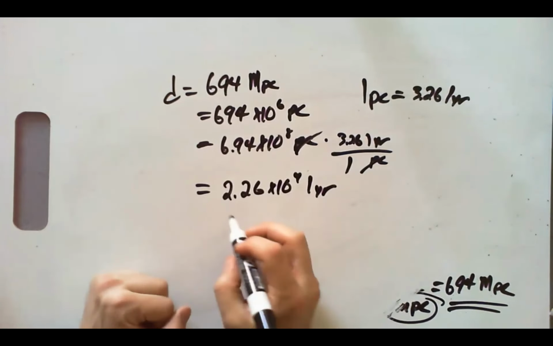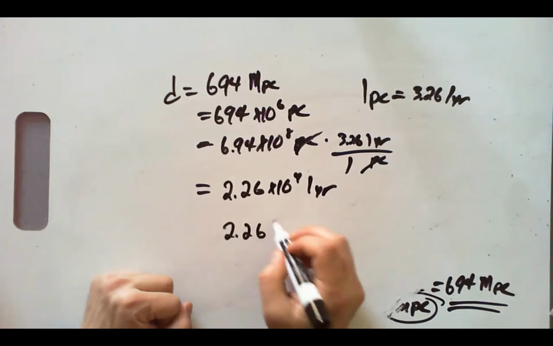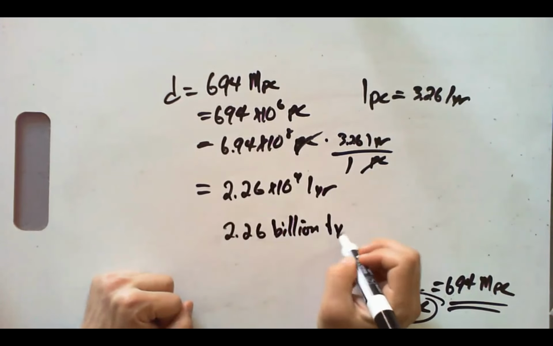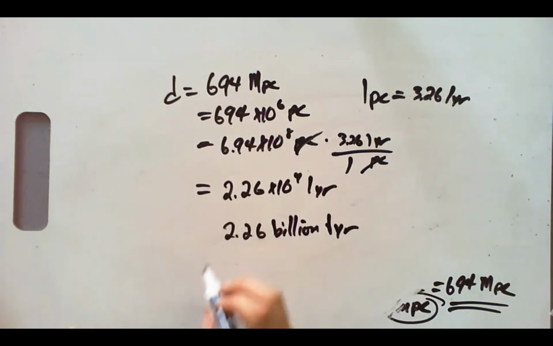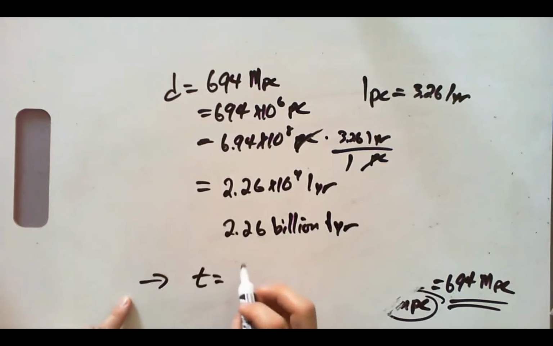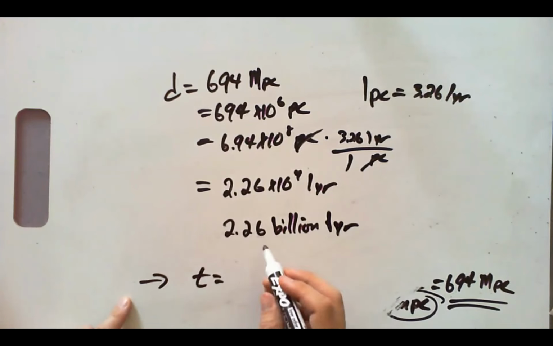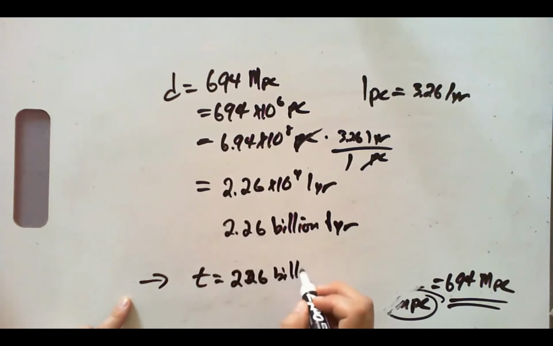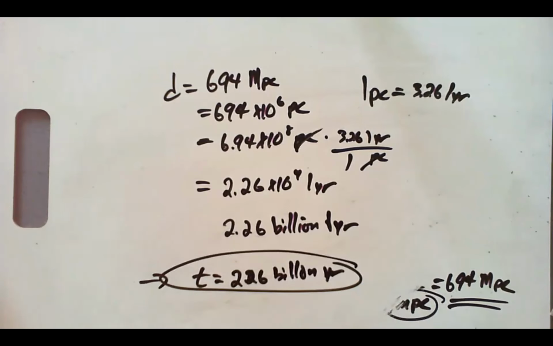2.26 billion, because 10 to the 9 is a billion light years away, which means the light that we're getting from this galaxy now left that galaxy 2.26 billion years ago. That's the useful thing about light years.